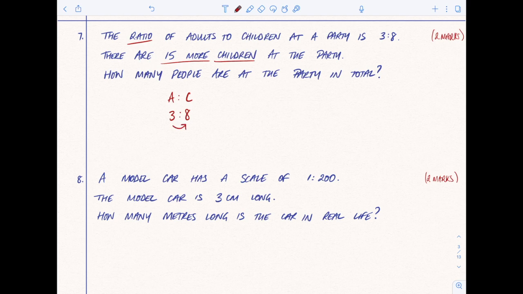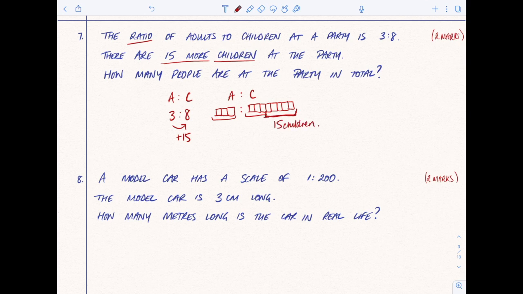What that means is I'm looking at the difference in those ratios, because if you want to think about it like boxes, we've got 3 boxes for adults, and then we've got 8 boxes for children. Those 3 match up with those 3. What we're saying is this many boxes here is effectively 15 children.